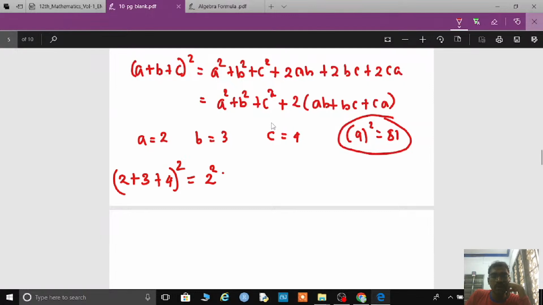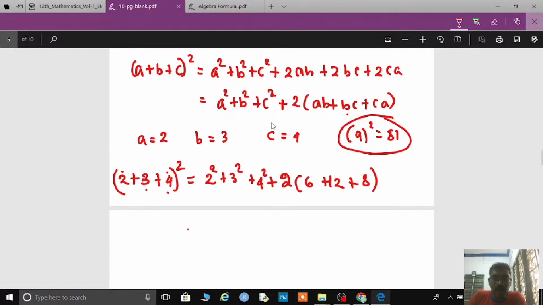So 2 square plus 3 square plus 4 square plus 2 into ab, or otherwise we can do better: let's take out 2 as common outside. What is ab? 2 into 3, so 6. What is bc? 3 into 4, so 12. What is ca? 2 into 4, I mean 8.